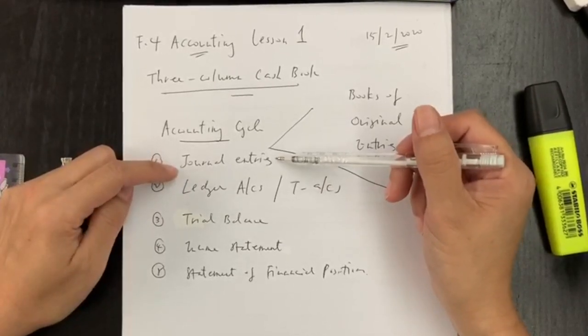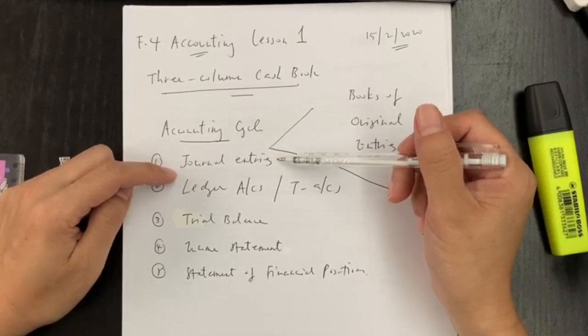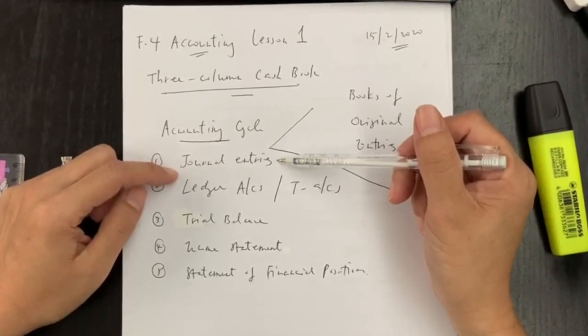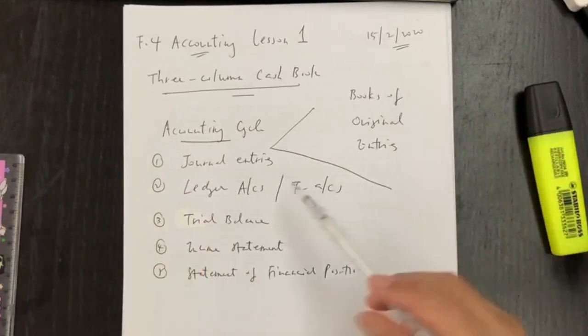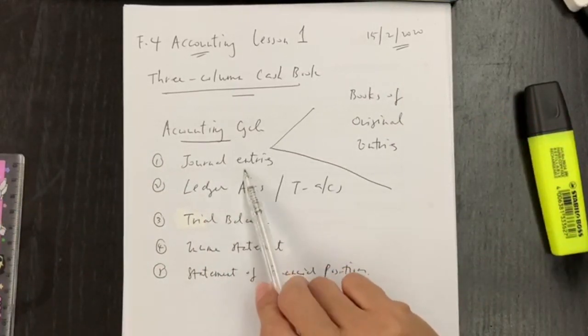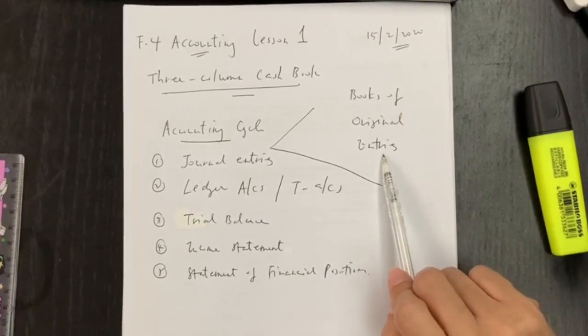What about a big firm, a very big company? How many transactions are there? There will be many transactions, millions of double entries, so the list of double entries will be very long. Therefore, before we do double entries, we classify all the transactions into books of original entries.